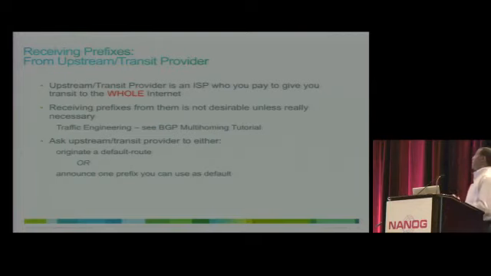In some cases, you may receive partial routes. If you are peering with one service provider at multiple locations, you can use the routes from the internal network of the service provider, but for the rest of the internet you will use default. So default plus partial. So three scenarios: you will either point a default, or receive default plus partial, or receive the full table, particularly if you are peering with multiple transit providers.